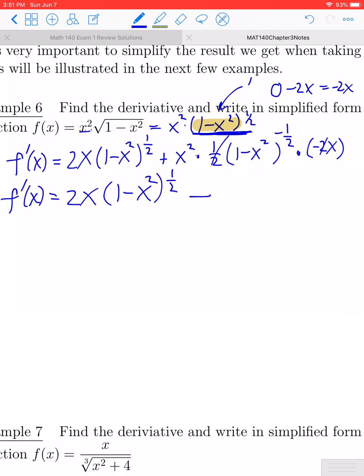I'm still going to get a negative coefficient. x squared times x is x cubed. And then we have a 1 minus x squared to the negative 1/2. So far, so good. Let's try to simplify this.